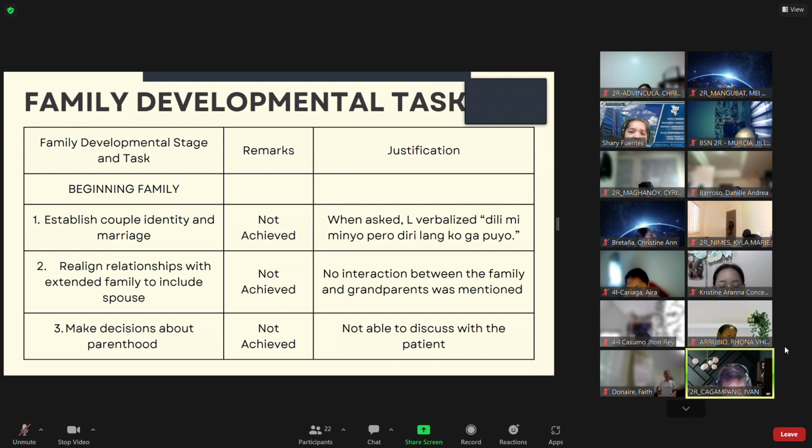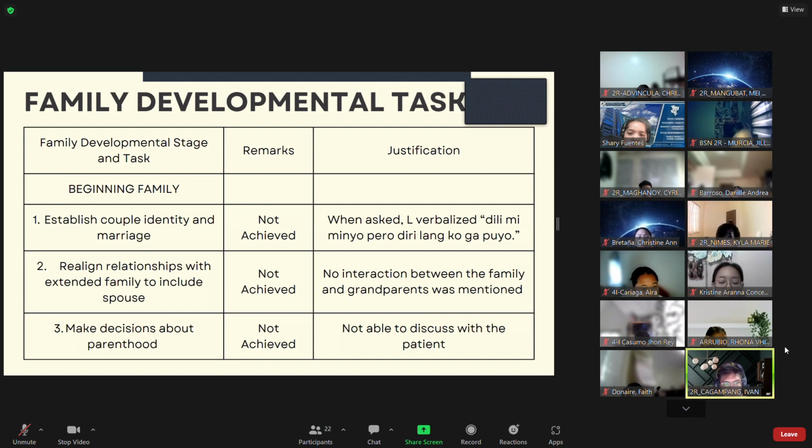Generally speaking, the beginning family is good.